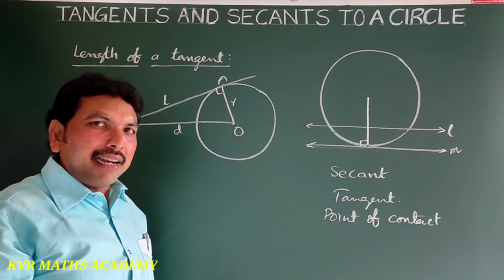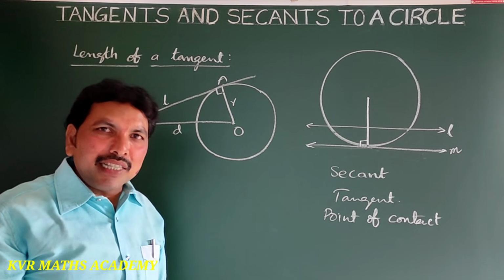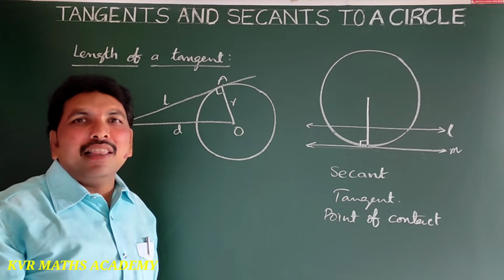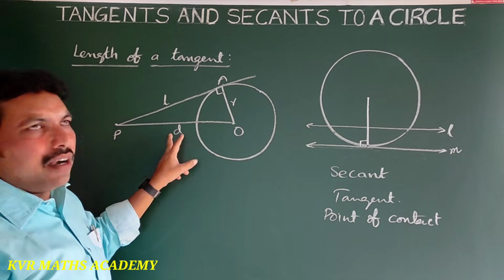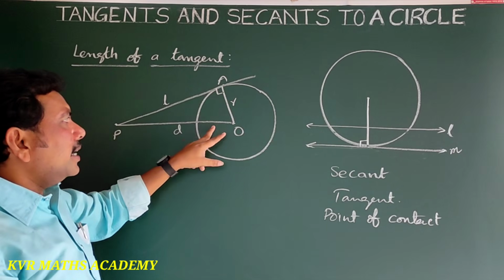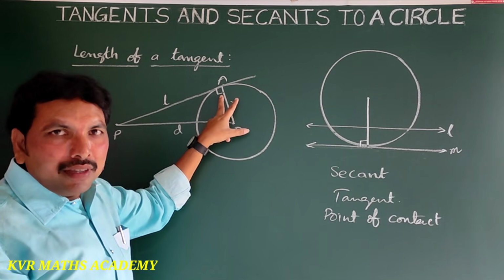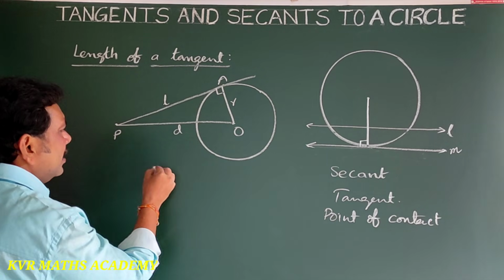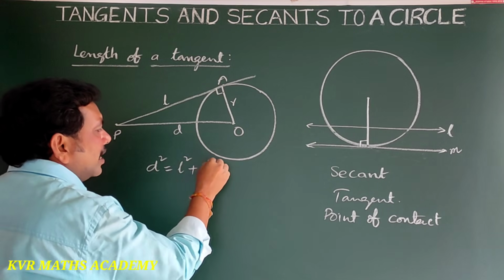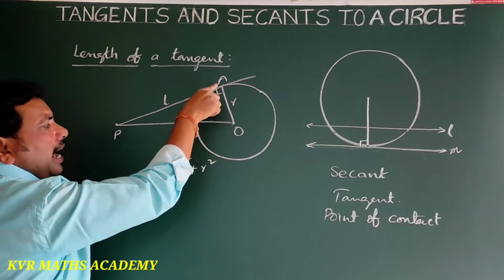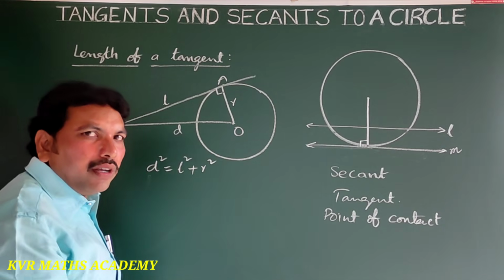In a right angle triangle, the square of the hypotenuse is equal to the sum of the squares of the other two sides, right? Here the hypotenuse is D, because D is opposite to the 90 degrees. So D square is equal to L square plus R square, according to Pythagoras theorem.